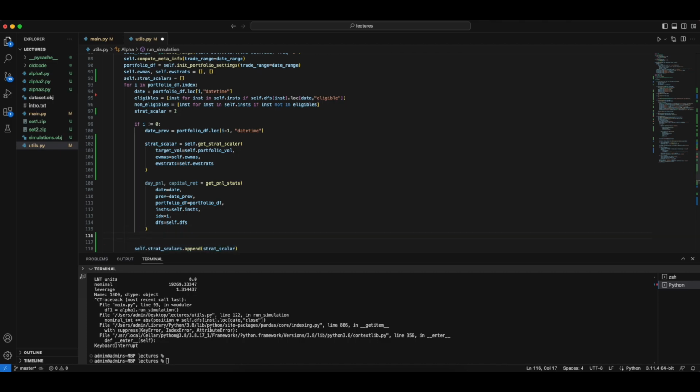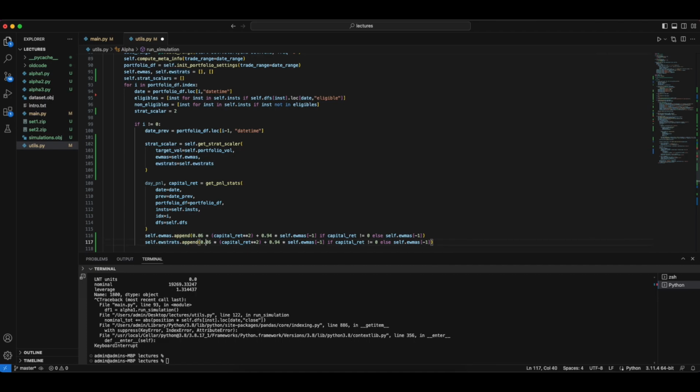In order to maintain an exponentially weighted moving average, we're going to do 0.06 multiplied by capital return square plus 0.94 times sub.umus. So we don't update the moving average if the previous day was not even a trading day. Otherwise, we will take the exponentially weighted moving average.